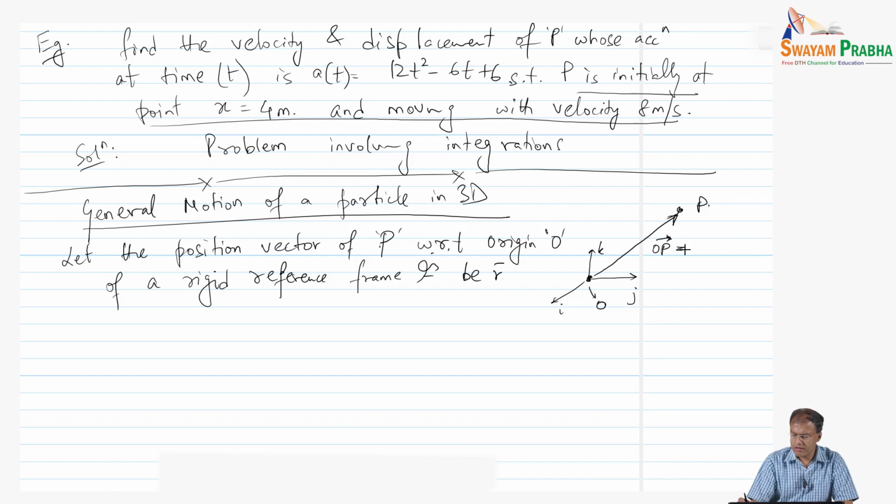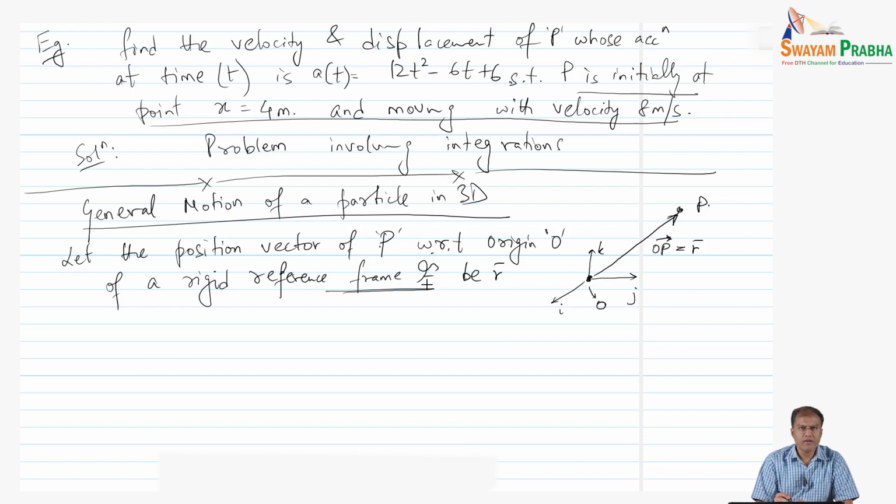So let us say that this position vector is R. And now we need to talk briefly about this reference frame we are talking about, right? So this reference frame where we have introduced this F.